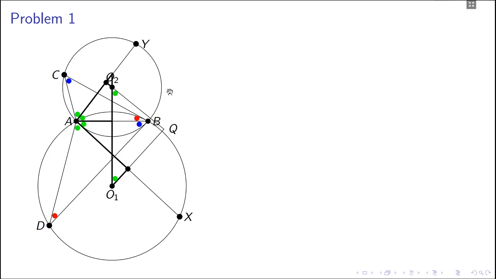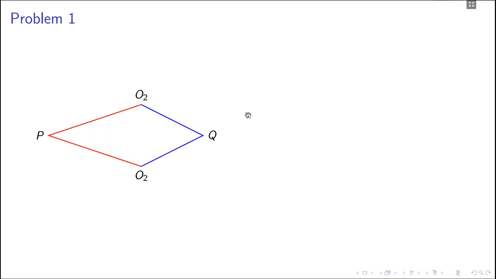So this is also green. That means these two base angles are equal. That means O1Q will be equal to O2Q. So that's your result, and this is the configuration that we have. So sorry, this should be O1. So O1Q will be equal to O2Q, and O1P will be equal to O2P.